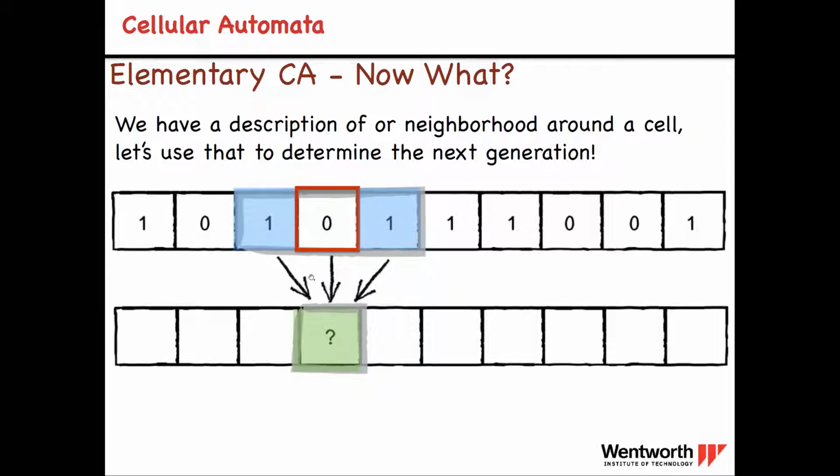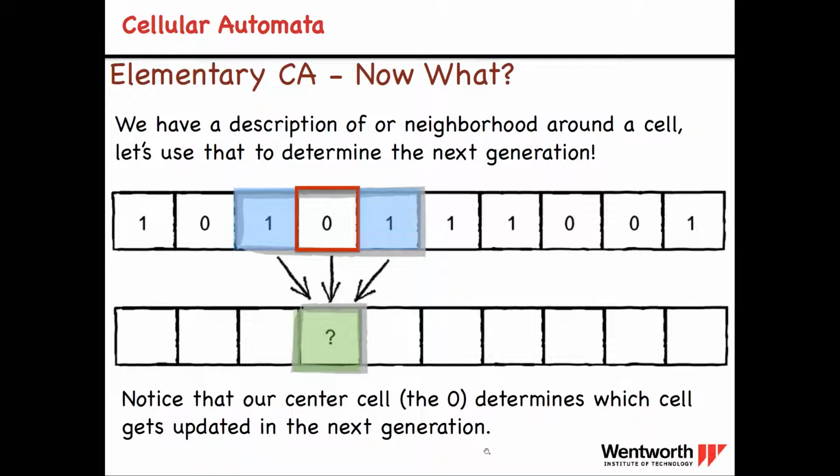So it's going to be some calculation that we do that's going to determine, if I have a 1, 0, 1 as my 3 cells, then that means that this is going to be some value. Maybe it's going to be a 0, or maybe it's going to be a 1. We get to decide. So notice that that center cell is determining which cell we change in the next generation.